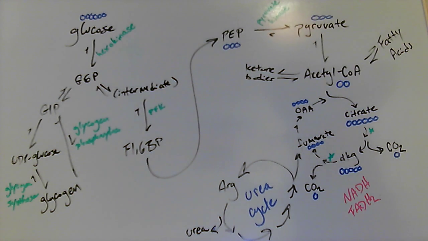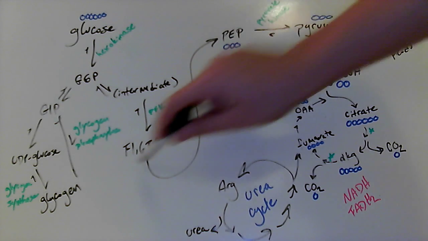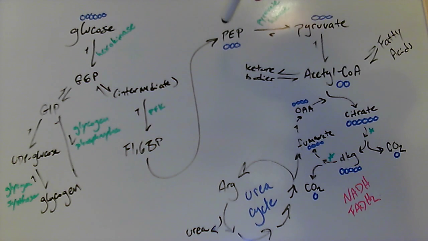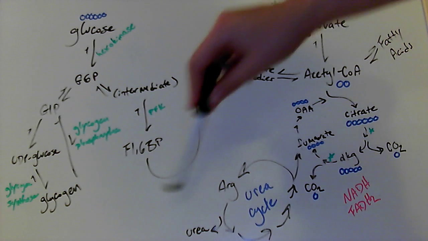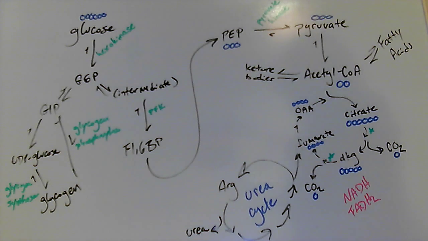But if the enzymes working in the forward direction are slower than the enzymes working in the backwards direction, then the backwards pathway is going to happen. And that is what's driving the overall direction of the pathways, okay?